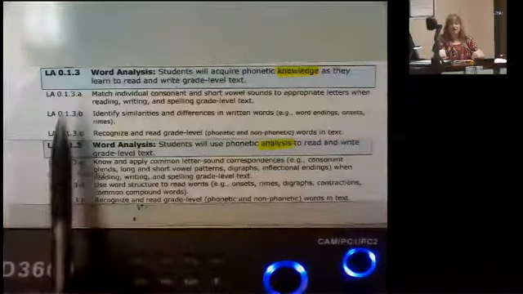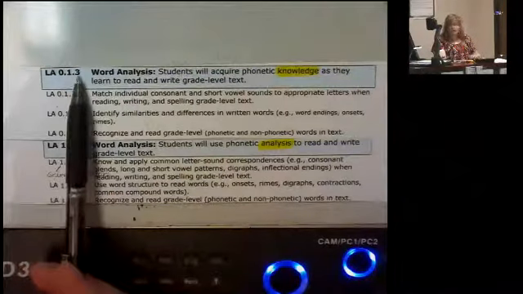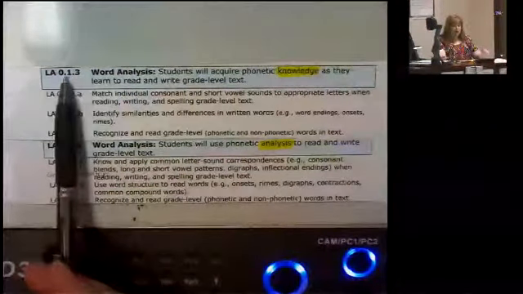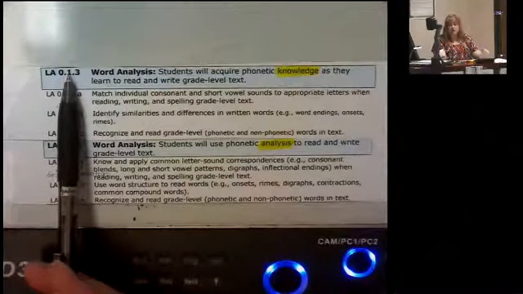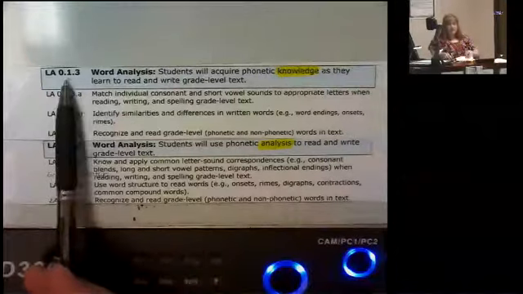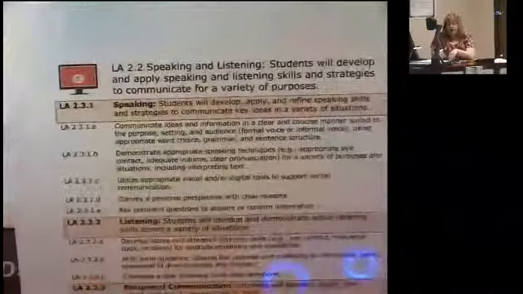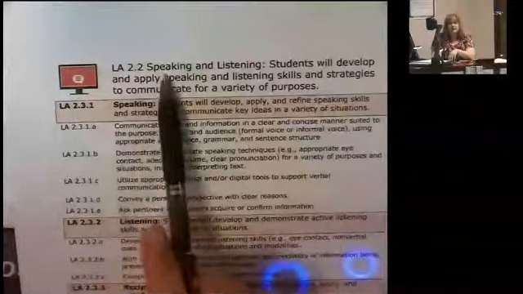All right. Now, the next number is the broad K-12 standard. Number 1 is all about reading. If we look at another example, all of these are about speaking and listening.